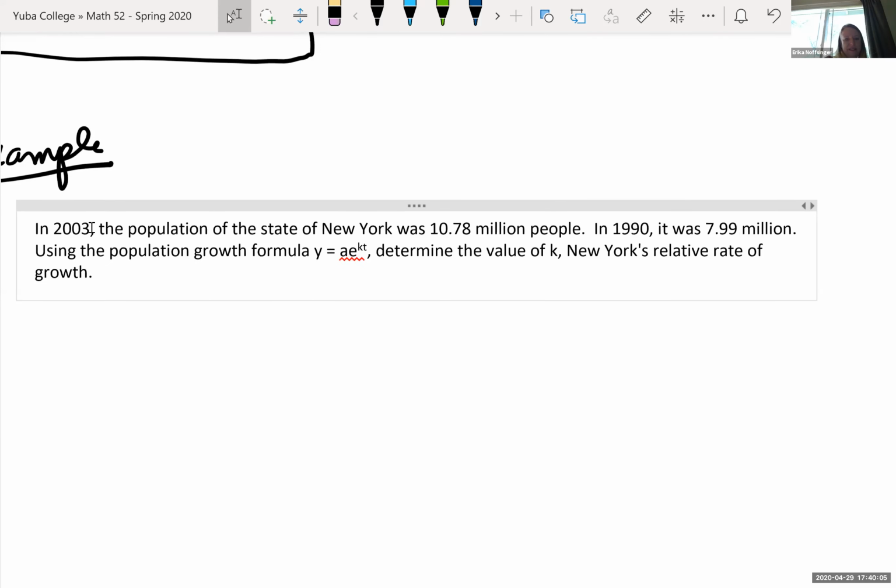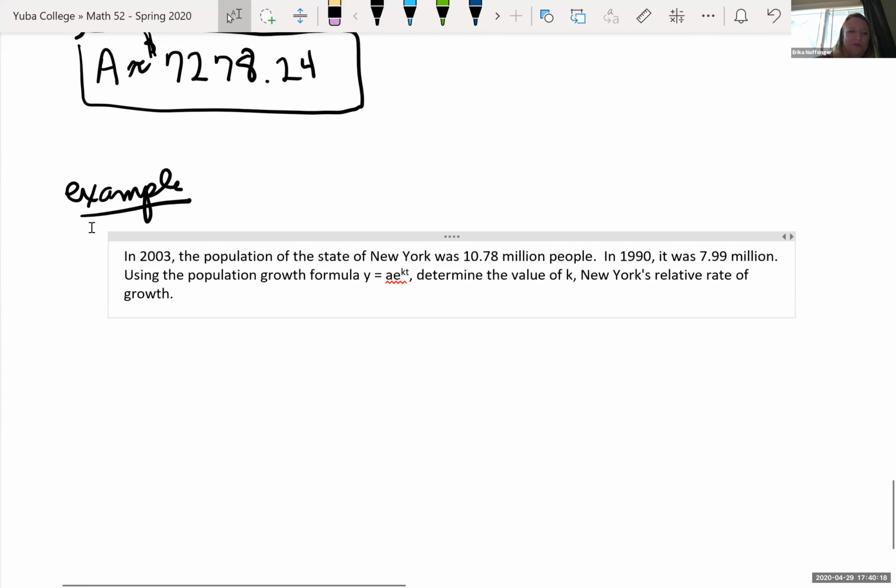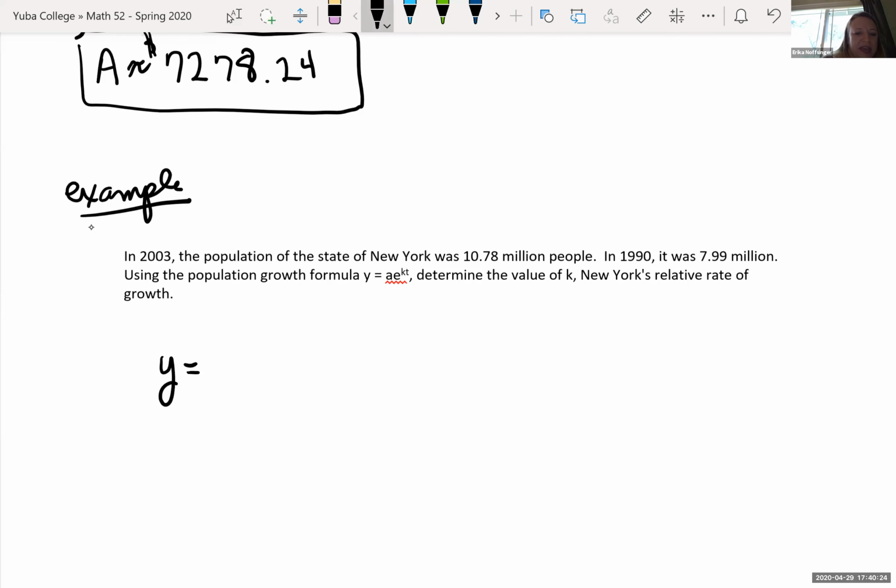Okay, so this is a little bit different than that growth rate formula we looked at before. E is just 2.718. That base maps a lot of stuff. It tends to follow a lot of real life situations. So we're given that y is equal to A times E raised to the KT. So A is equal to the initial population.